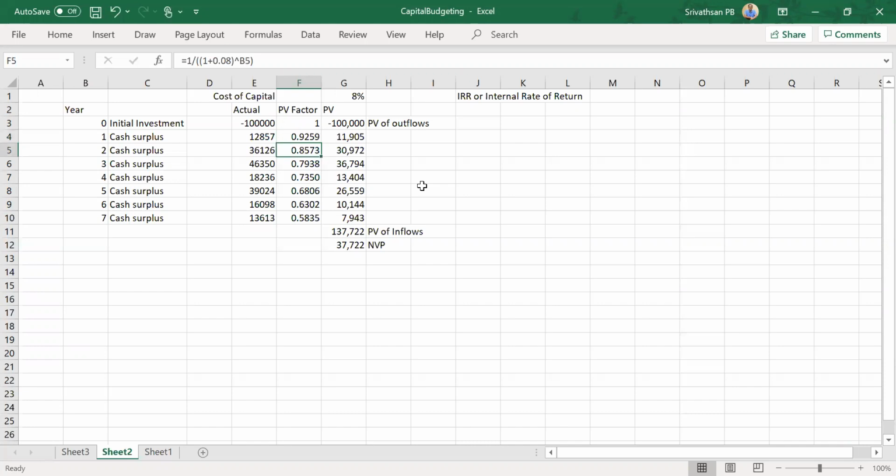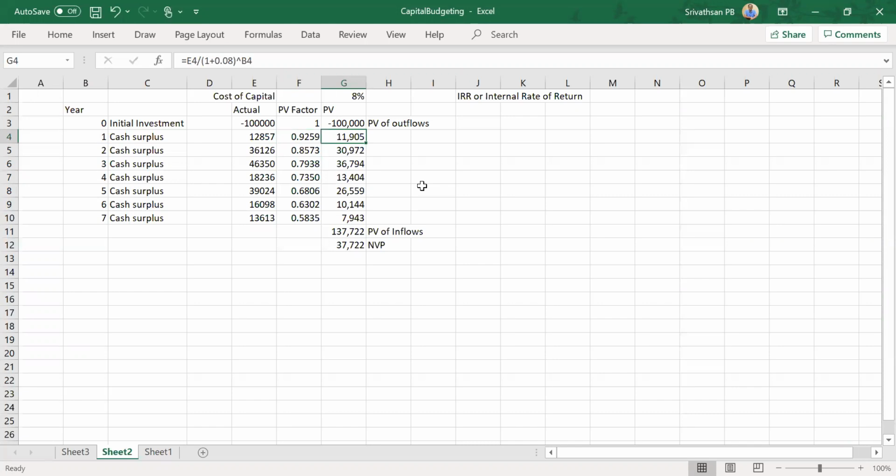Similarly, if you receive 1 rupee at the end of 2 years at 8% discounting, today's value is only 0.8573. This is what they normally give you as PV factor. It's nothing but 1 divided by (1 plus r) power n, where n, or t, is the year number.